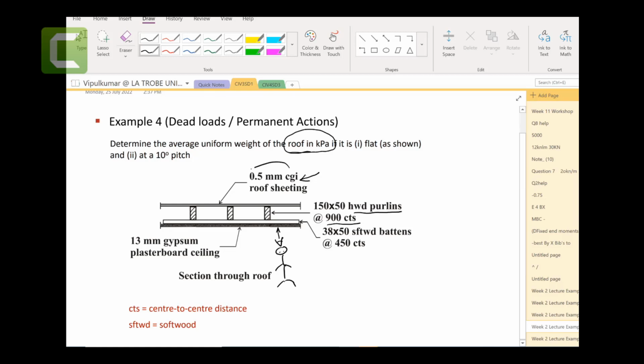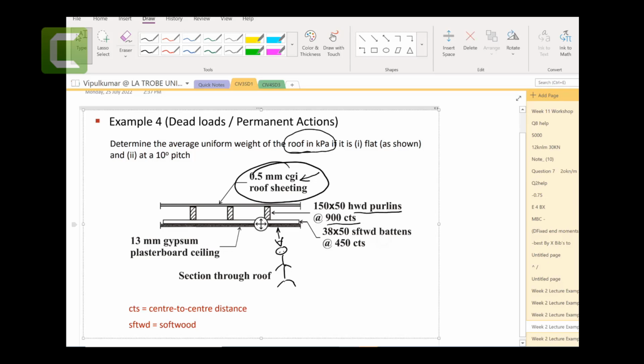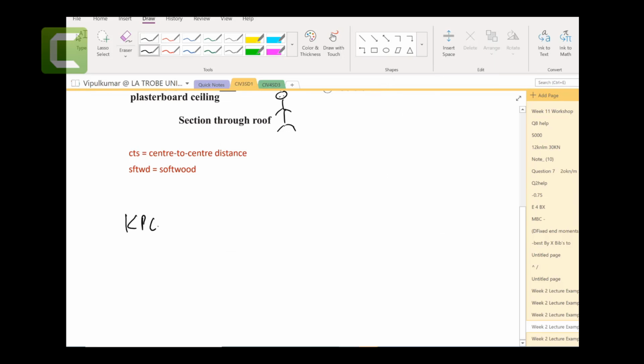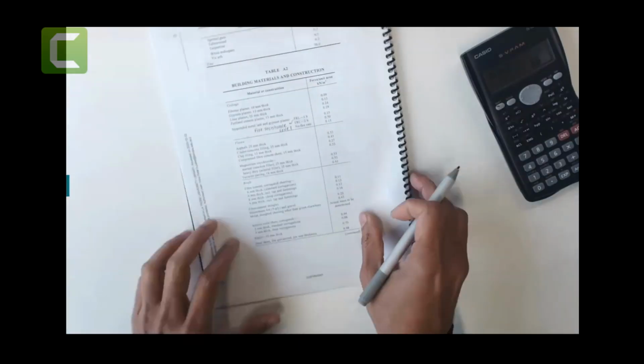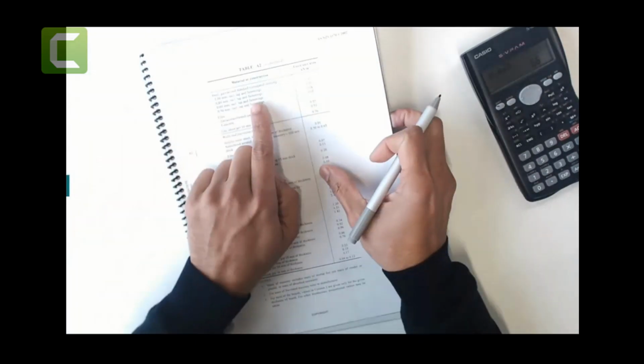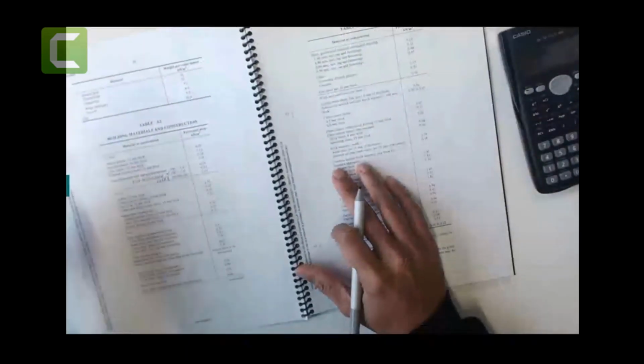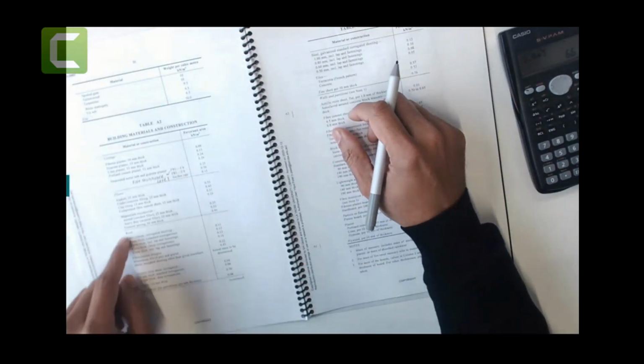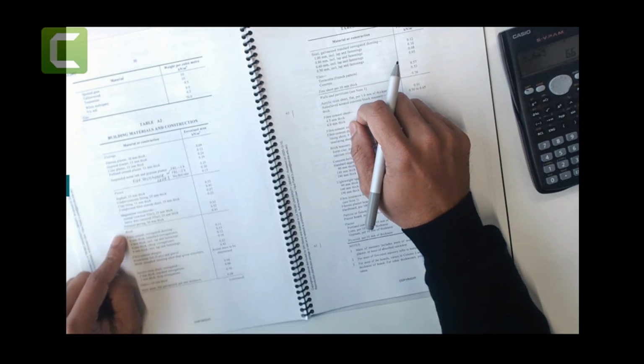So let's start with CGI, the corrugated sheets. By the way, we need kilopascals, so we need kilonewton per meter square. Let's start with CGI. Go to the roof section here.